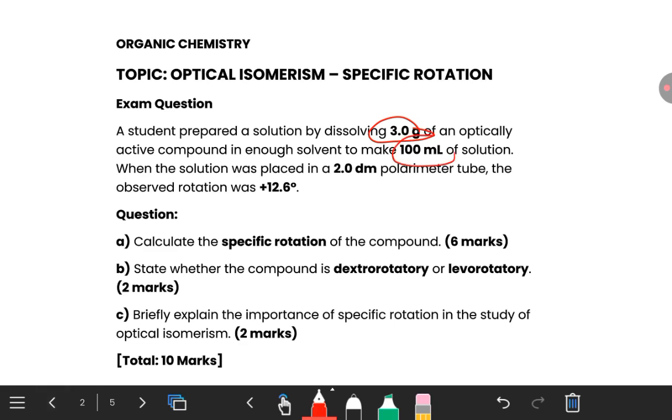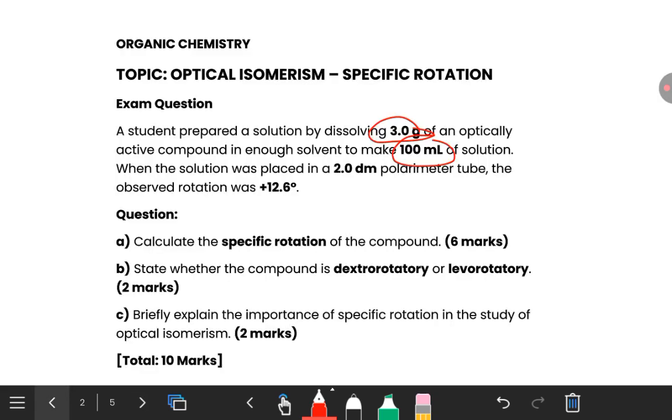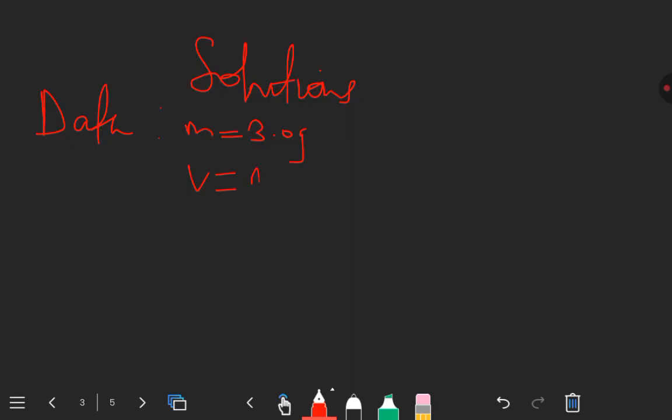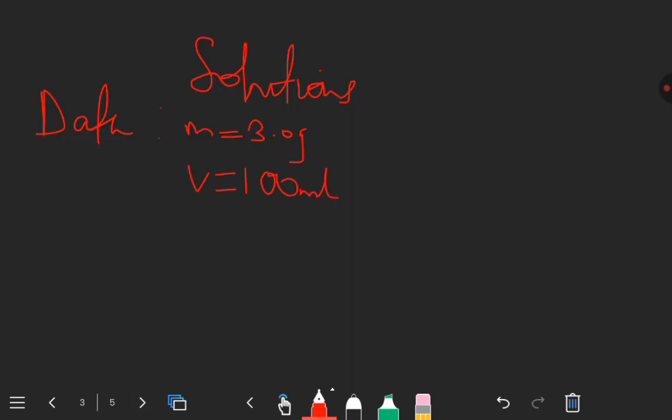Then we've also been given the volume, which was 100 mL. We've also been given the length, which is 2.0 decimeter.